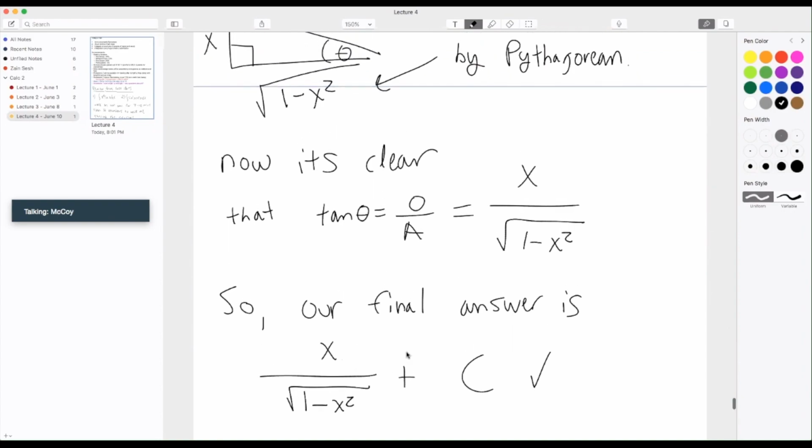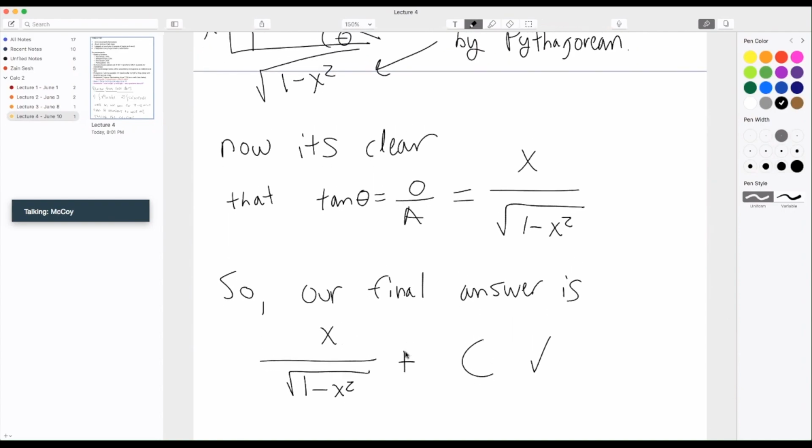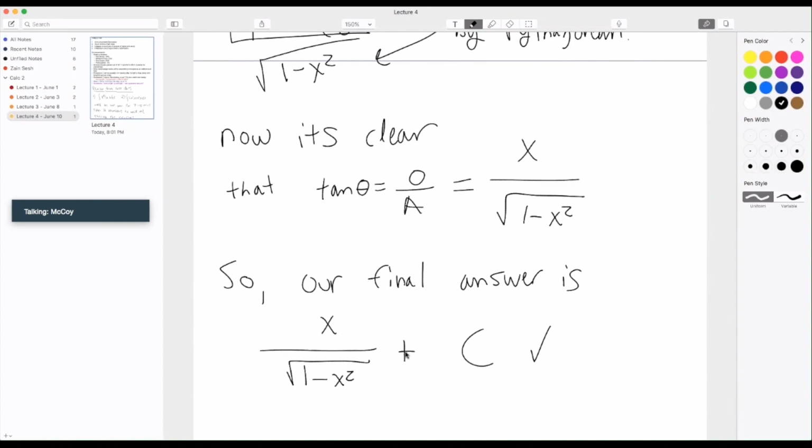Right. I just wanted to clarify because obviously you're not always substituting theta in when you're doing all this stuff. I was just clarifying when we would need to do the right triangle drawing and going back and substituting.